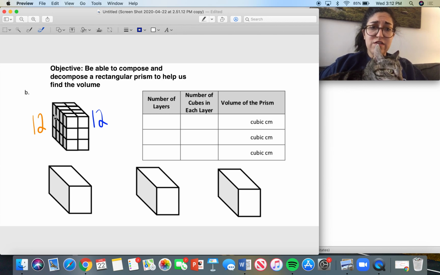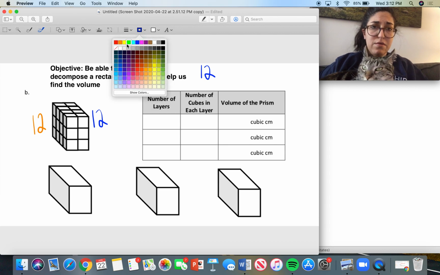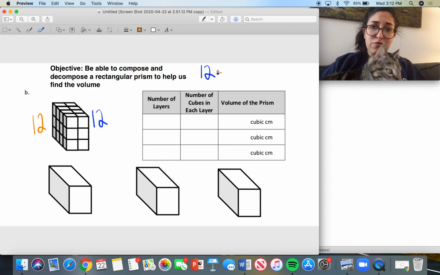And so just like Kiana said, we can count the total blocks, but we do need to remember that we have to look for the invisible blocks as well. So we have 12 plus another 12, and that gives us a total of 24 blocks.